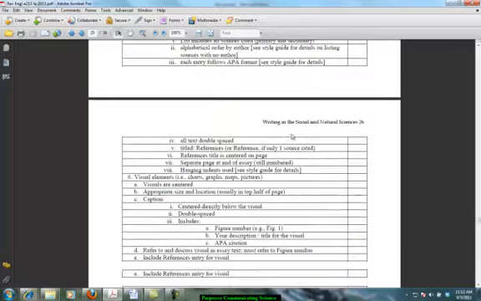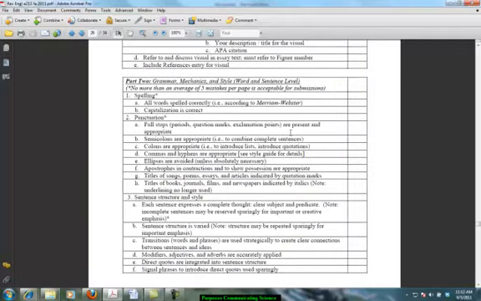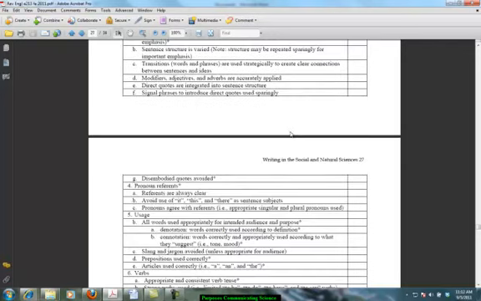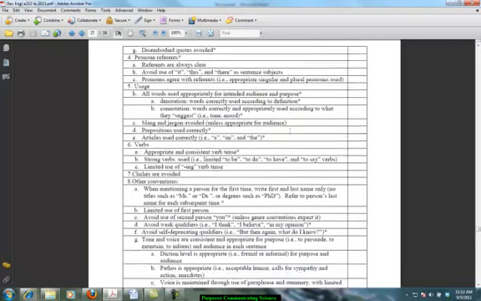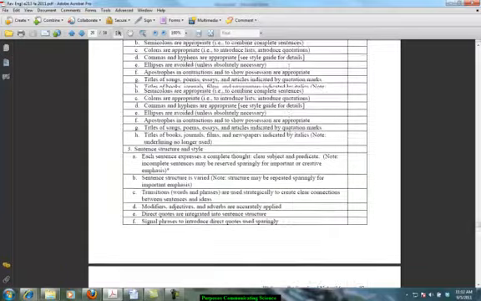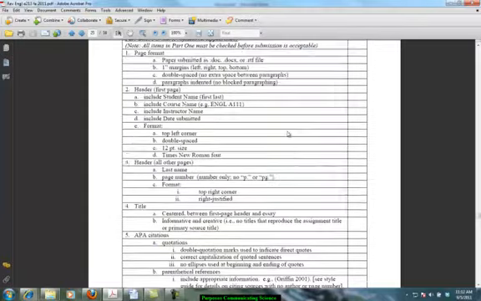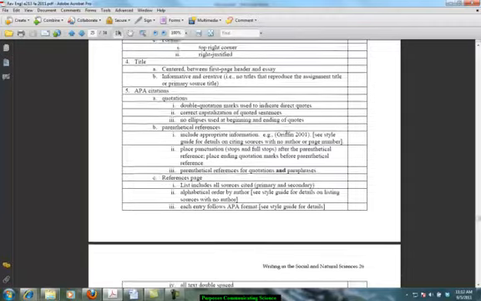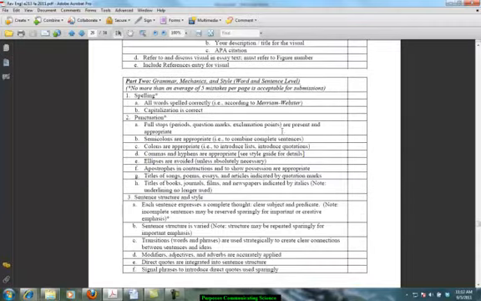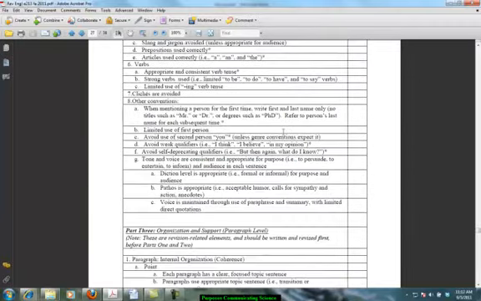So this checklist is really to help you at this part of the rhetorical situation, with things to help you edit and revise your work. The first two parts have to do with editing, with the smaller things, with formatting, with grammar, some of the things you want to look out for.